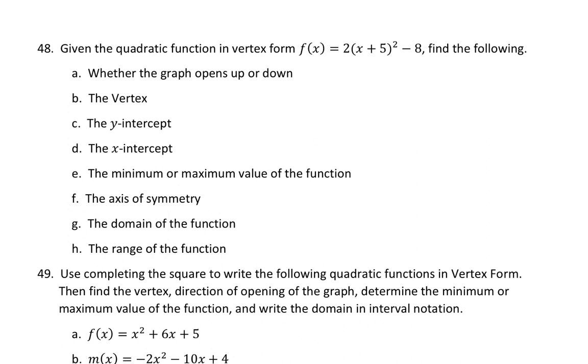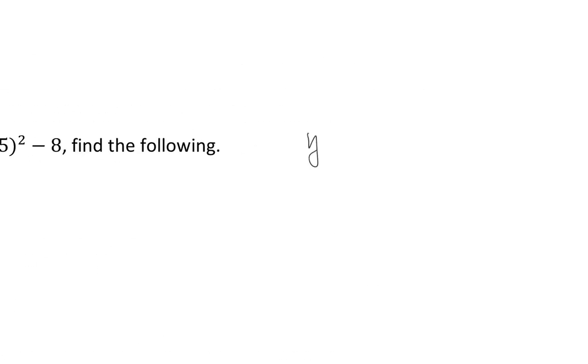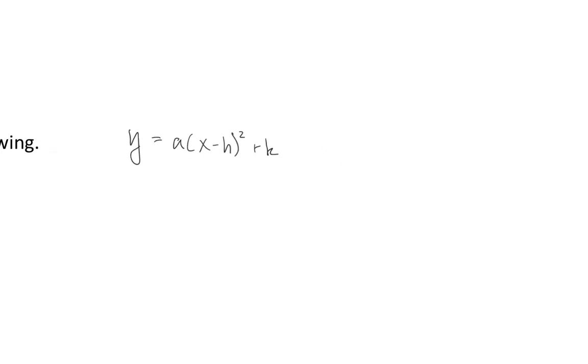Okay, so the next problem has to do with the vertex form of a parabola. So what I'm going to do is give the equation of the vertex form of a parabola. That looks like y equals a, x minus h squared plus k, with a vertex at h, comma k.